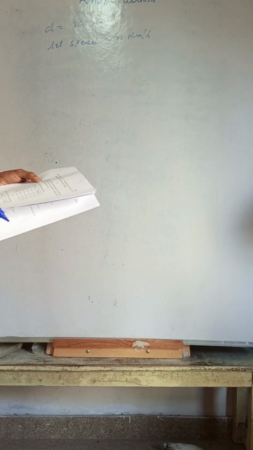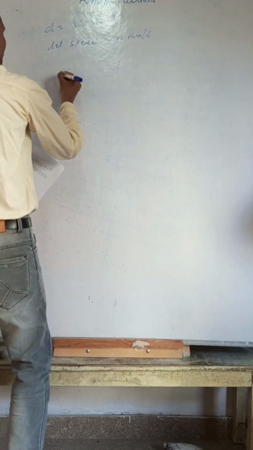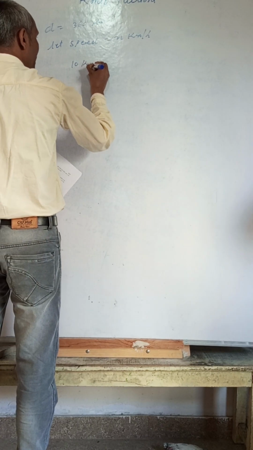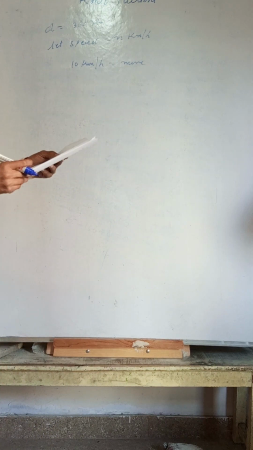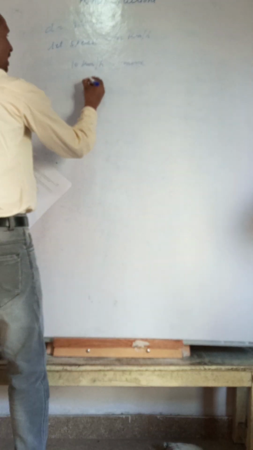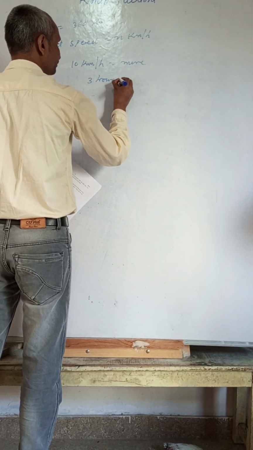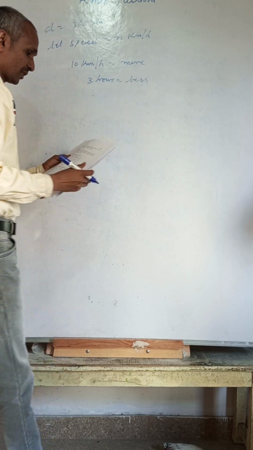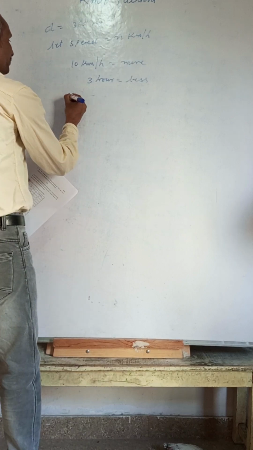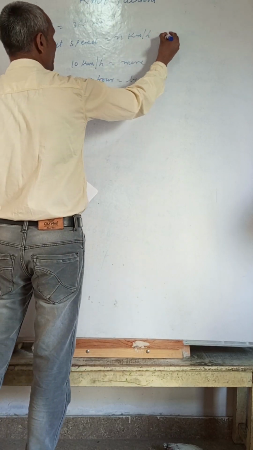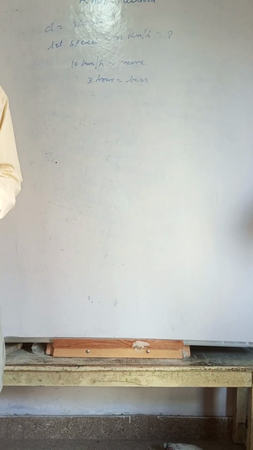If the speed of the bus had been 10 km per hour more, let the speed be x km per hour. We assumed it. If the speed had been 10 km per hour more, it would have taken 3 hours less for the same journey. Find the speed of the bus. This we are going to find out.